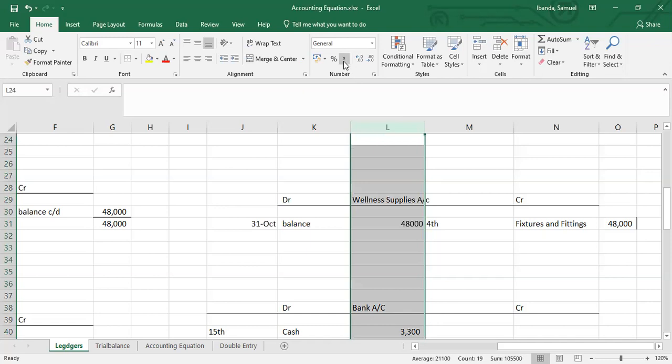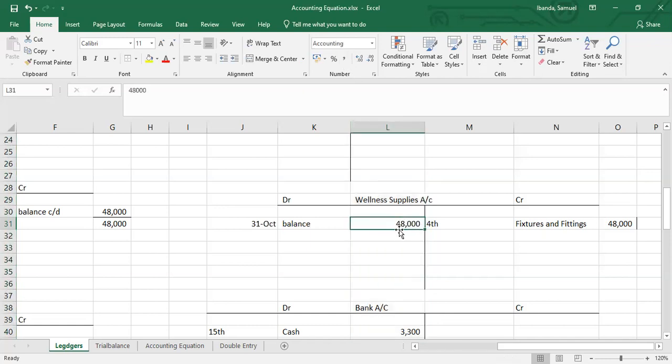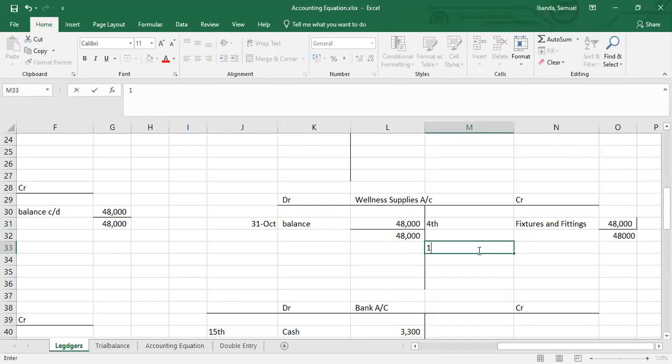So we have 48. It's good for you to do this when we are studying together, so you don't just observe, but you're part of it. So that is the total of each side.